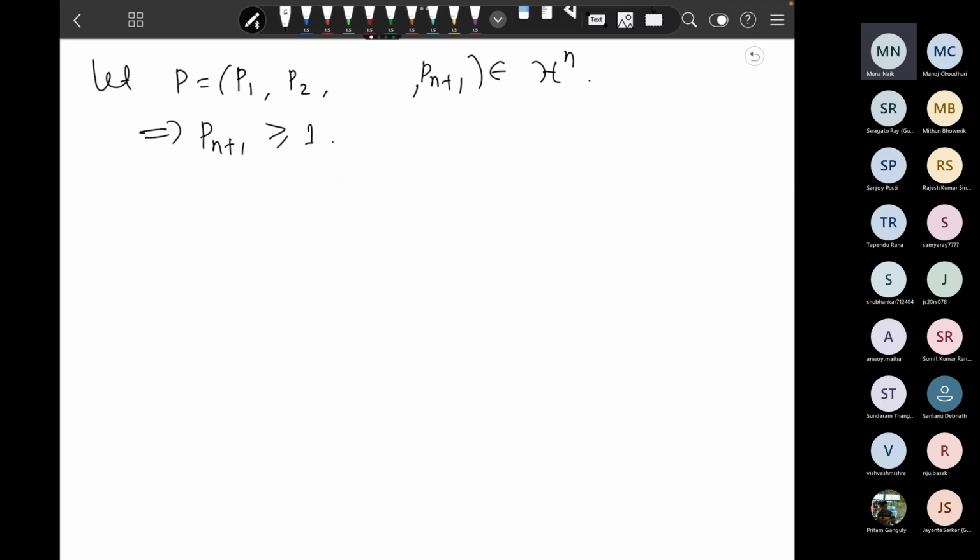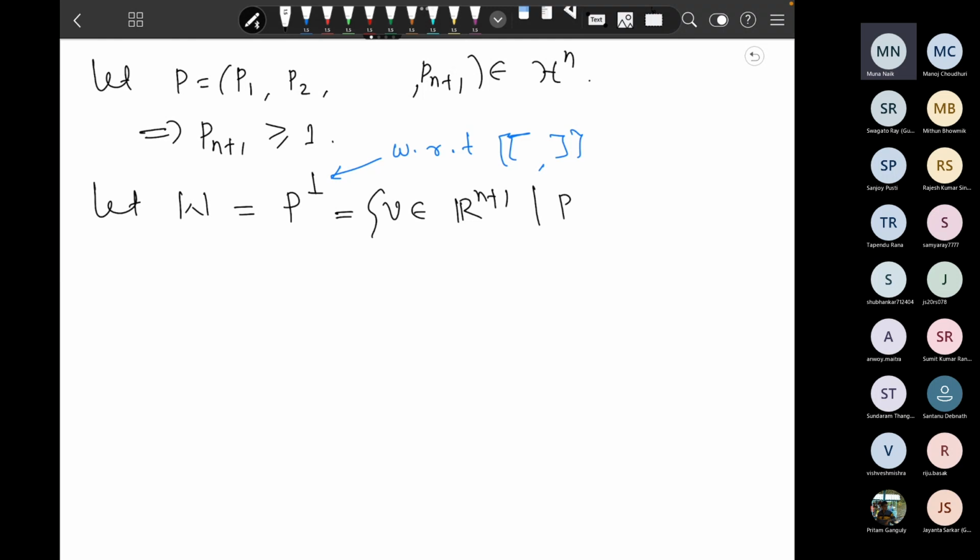Now let W equal P perp, where perpendicular is with respect to the bilinear form. By definition, this is the set of v in R^{n+1} such that the form of P and v is equal to 0.